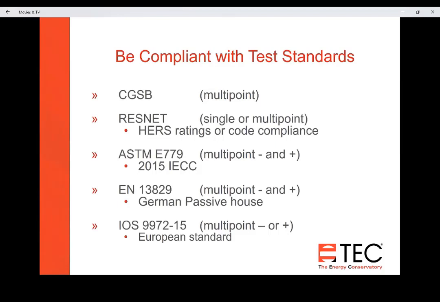That standard came out in 1985, so it's been in TEC since TEC's origin, and that's an 8-point multi-point test, and does a correction for temperature differences between indoors and outdoors, so it has the intervals in.